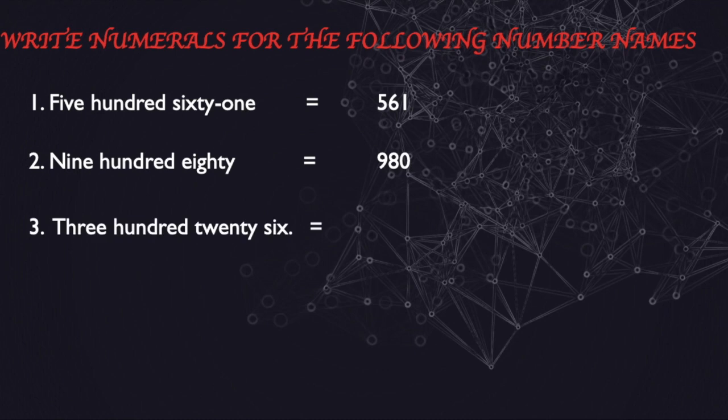Third one, 326. So the answer will be 326. So here they have given you the number names. By reading the number names, we wrote the numerals. First one is 561, second one 980, third one 326.